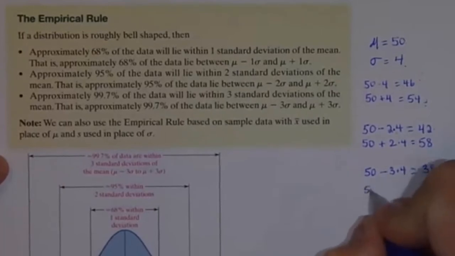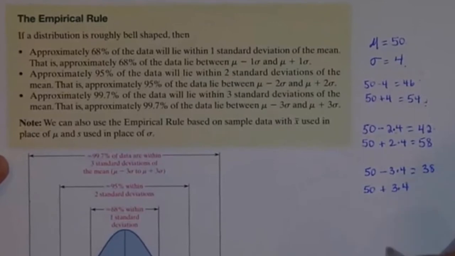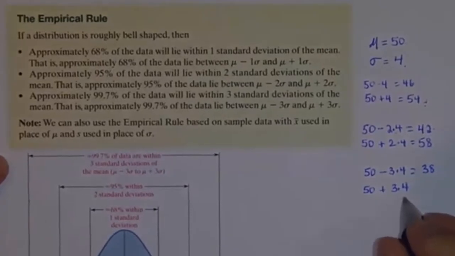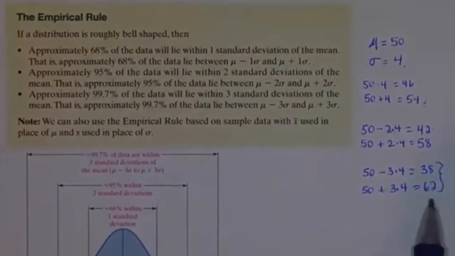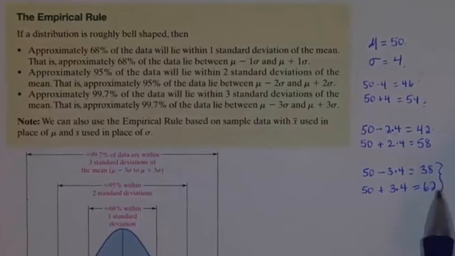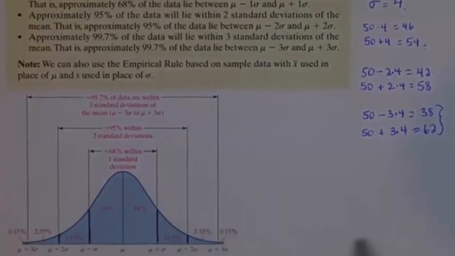And if I were to take 50 plus 3 standard deviations, so plus 3 times 4, 3 times 4 is 12, plus 50 would be 62. So about 99.7% of the data would be between the values of 38 and 62. Nearly all of the data would be within 3 standard deviations if it's a bell-shaped distribution.